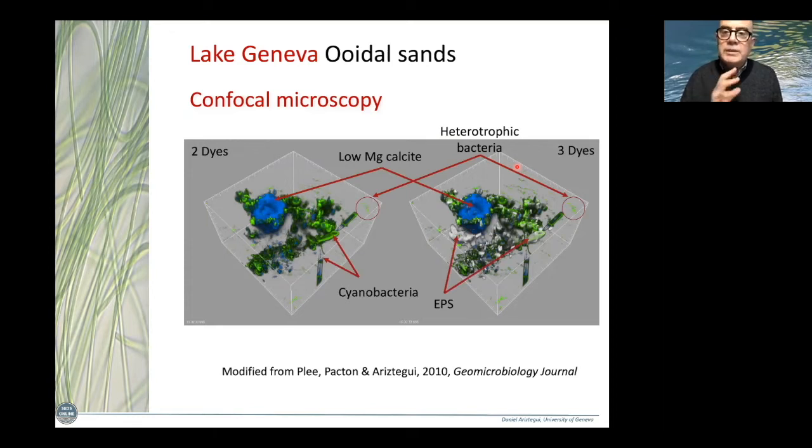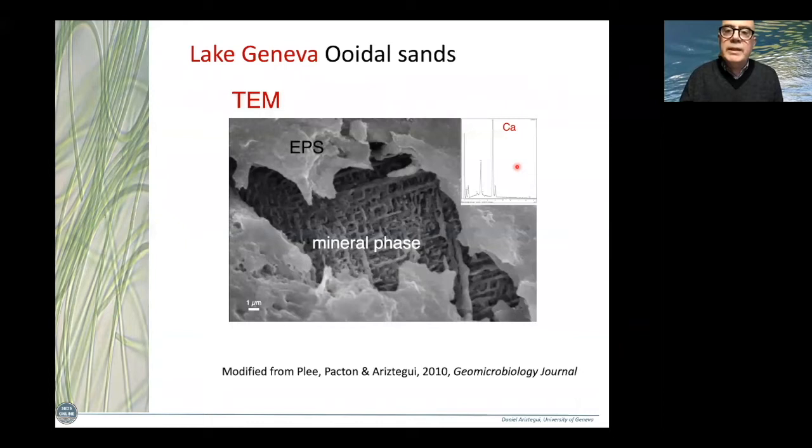So what we see here confirms that our mineral phase is really involved in this EPS. And we can see even better in this TEM image, where you see the mineral phase completely surrounded, or I would say enclosed, by this EPS, with an EDX of this part of the sample to show that this calcium is coming from this carbonate phase.